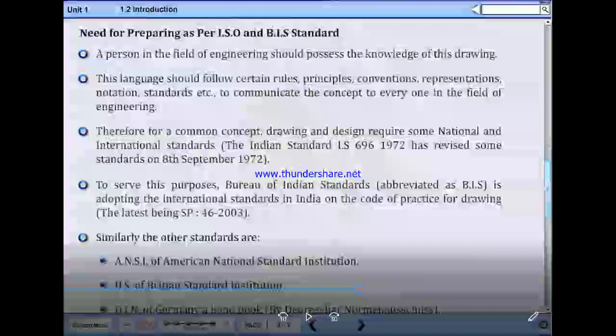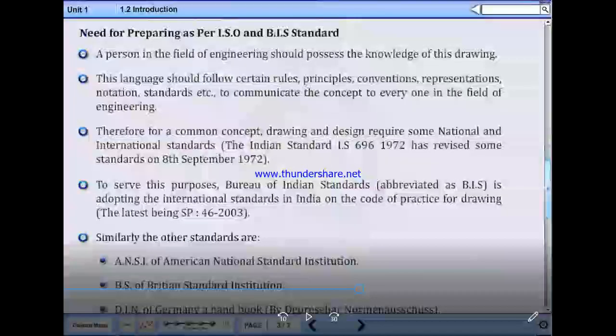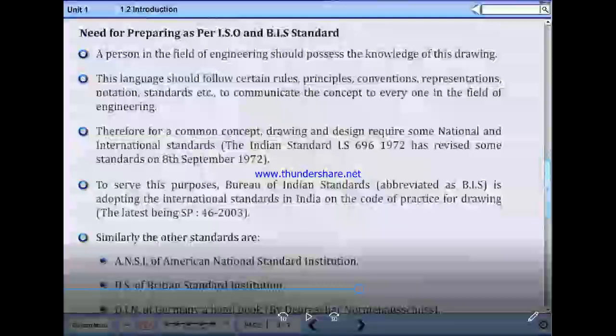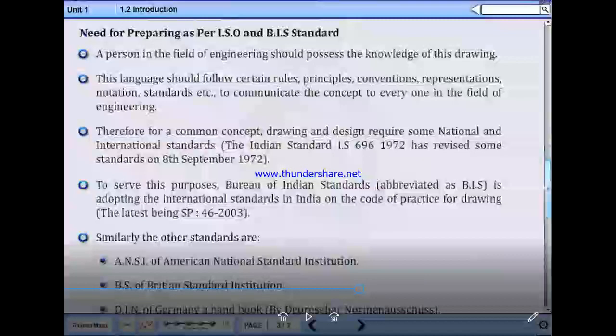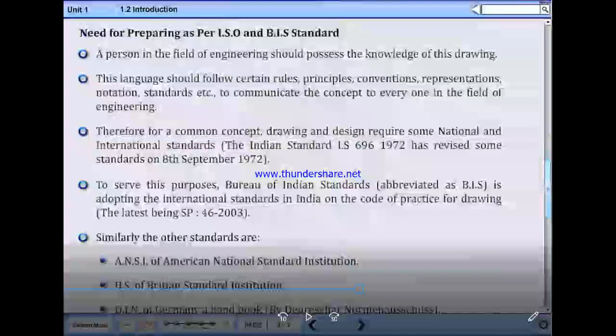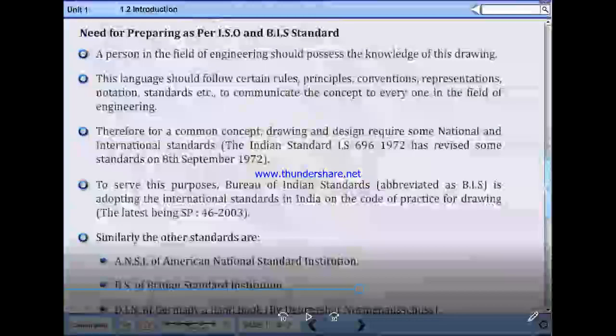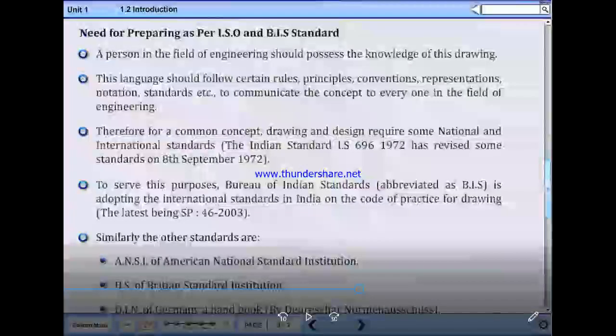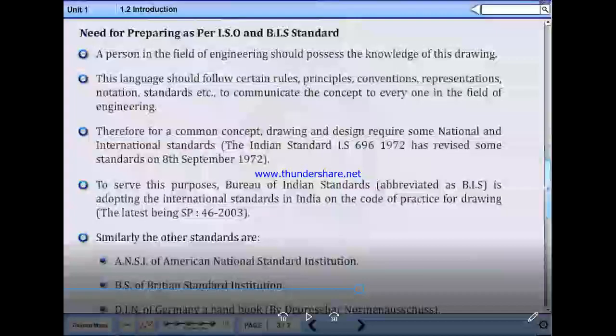Therefore, a common concept of drawing and design requires some national and international standards, that is the Indian Standard IS 696, which came into force in 1972, and some standards were revised on 8 September 1972.